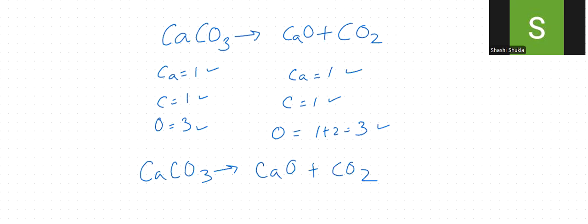Okay, guys, one more. Let's do Ag plus Cl2 gives me AgCl. Okay. Ag how many? 1.